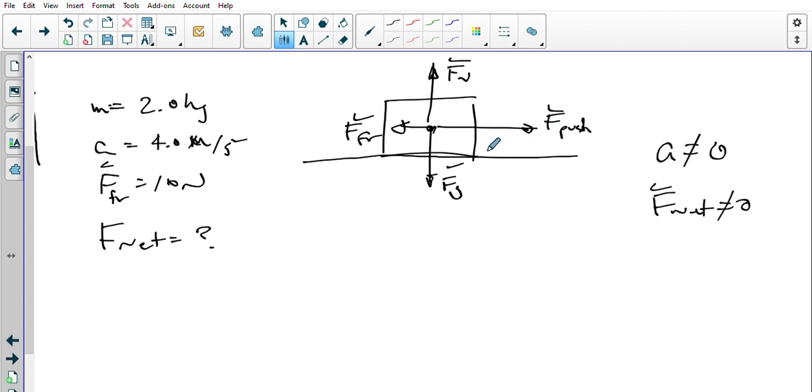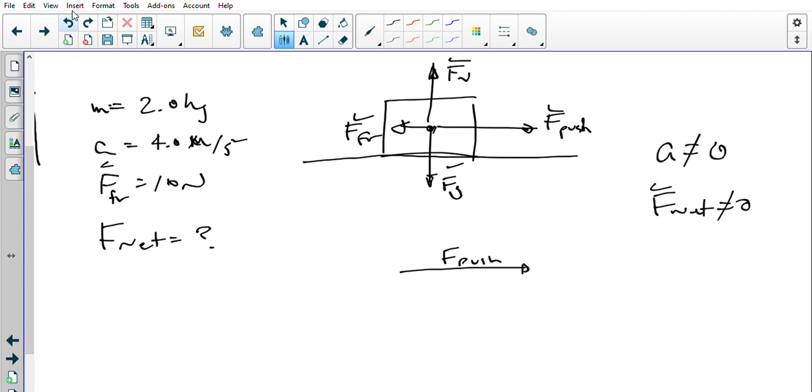So how much force do we need to put in? Well, here's the thing. Here we have the force of our push. We need to have a net force that is large enough so that when we add... I got this wrong.